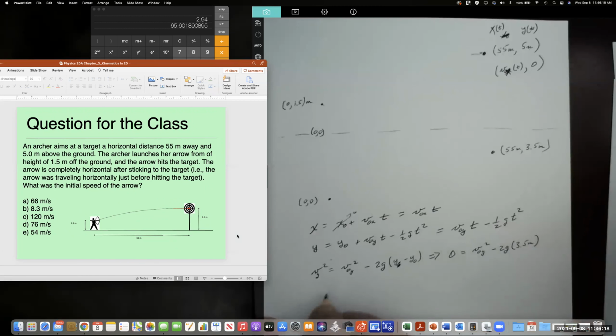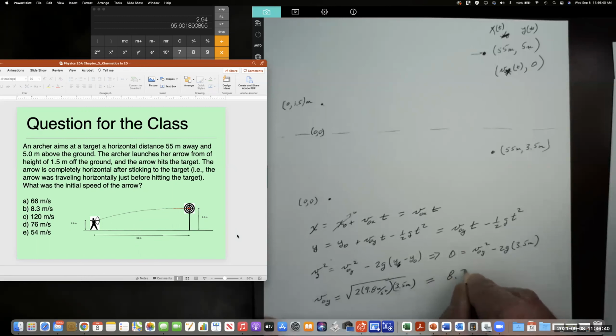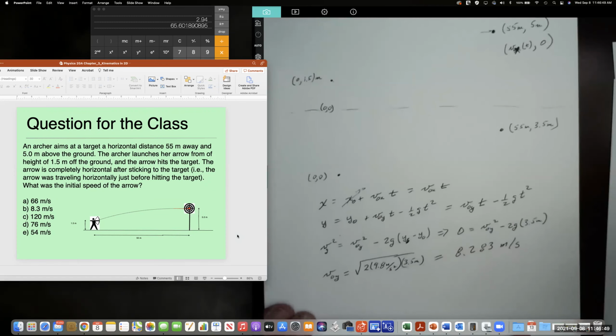Or I can write v0y is equal to the square root of 2 times 9.8 meters per second squared times 3.5 meters. And we get, to some extra significant figures, 8.283 meters per second.